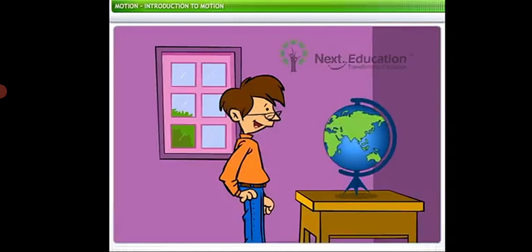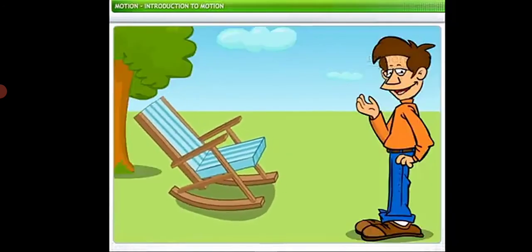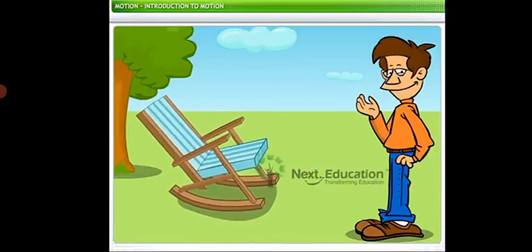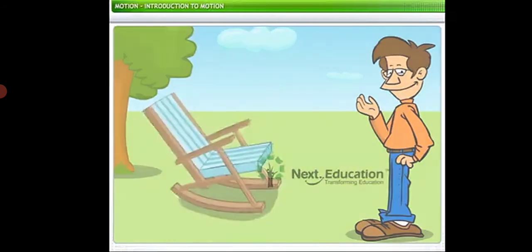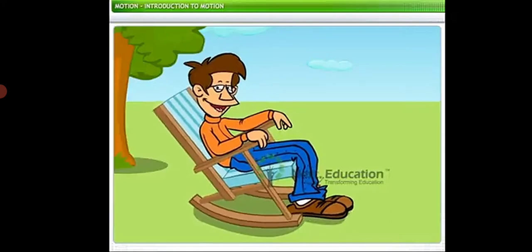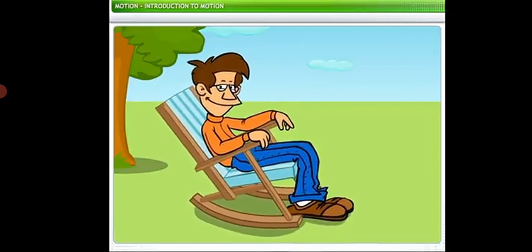The globe shows how the earth rotates on its axis, but the rocking chair is still here. Its movement looks very inviting, right? Like to relax in this chair. So, what changed around me? The objects that were at rest started moving, they are in motion.